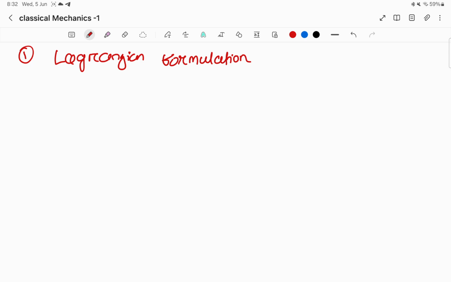So let's begin. Why are we considering Lagrangian mechanics, and in which way is it better than Newtonian mechanics? We are considering the Lagrangian formulation of classical mechanics, and this is the energy formulation of systems. Basically, we consider the Lagrangian as the difference between the energies, kinetic energy minus potential energy.